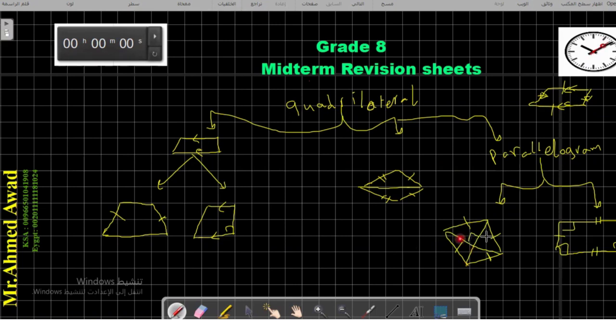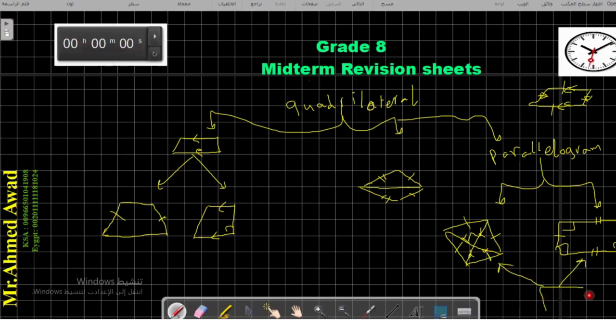They are perpendicular and bisect each other. So this part equals this part. Now, the third son takes the properties of the parallelogram and rectangle and what? So in this case, it's going to be a square.